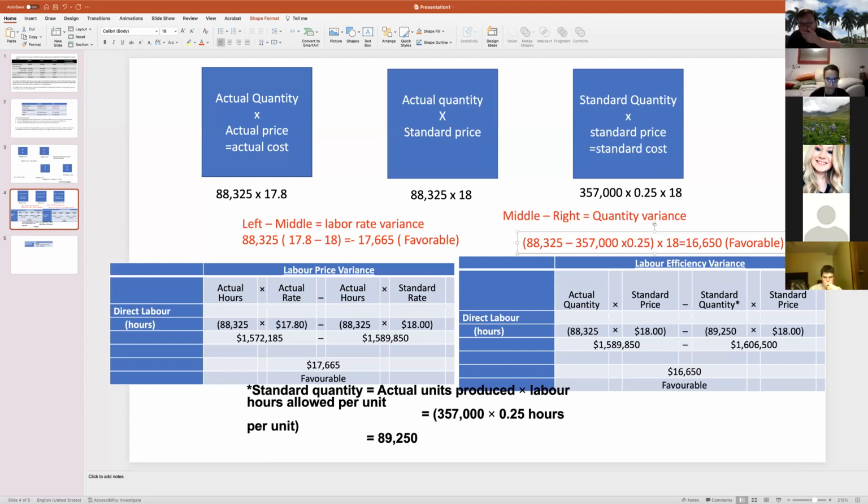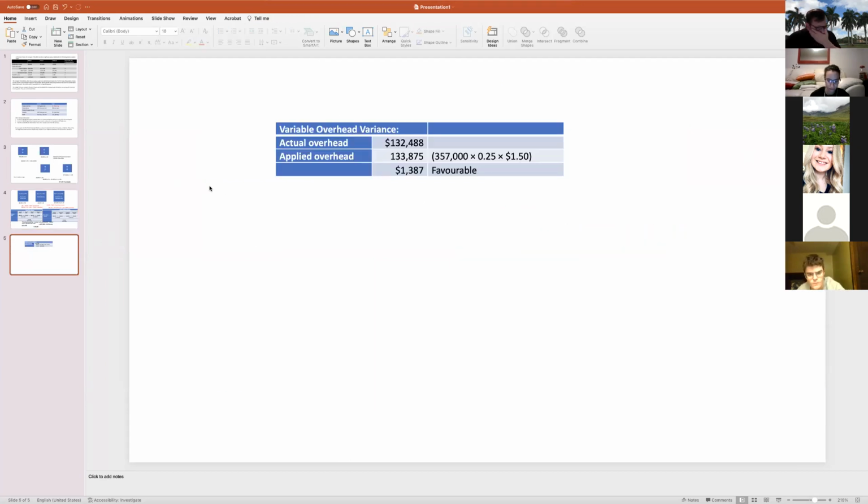Okay. So this is the labor variance. So far we have done the direct material variance and the direct labor variance, right? So now let's take a look at the overhead.